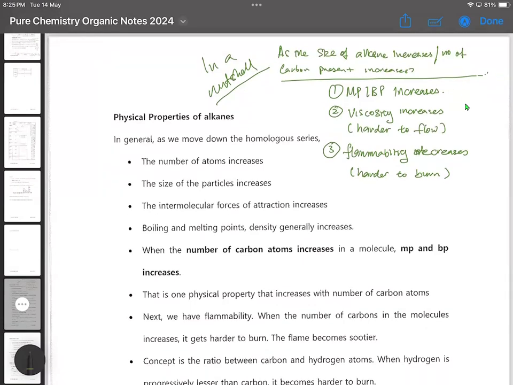So this here is just the explanation. I would prefer to change this word to the size of the molecule instead, otherwise the teacher might say that it's too big. So it's the molecule size increase.